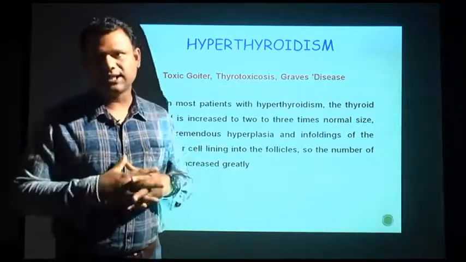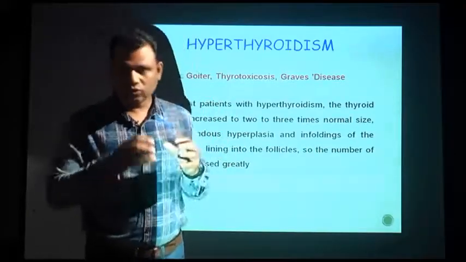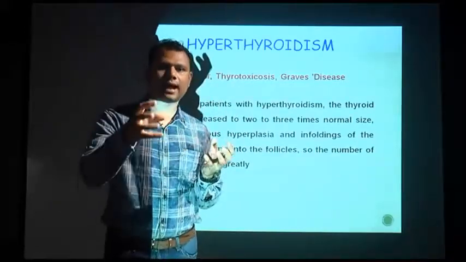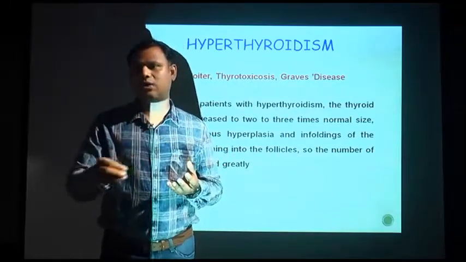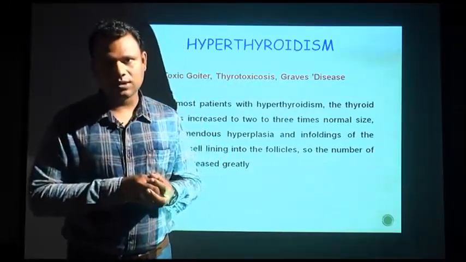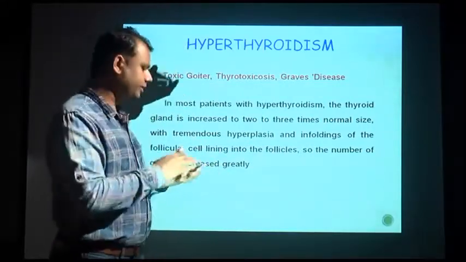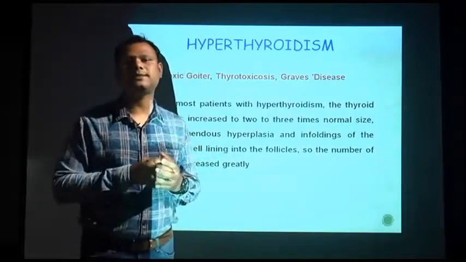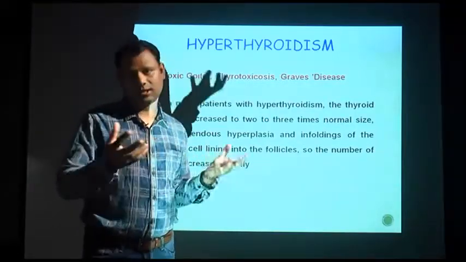How does the gland increase? The thyroid gland contains follicular cells. Those follicular cells trap iodine and convert it into triiodothyronine or tetraiodothyronine, which are known as the thyroid hormones. If the number of follicular cells increases, there is a chance of increased trapping.